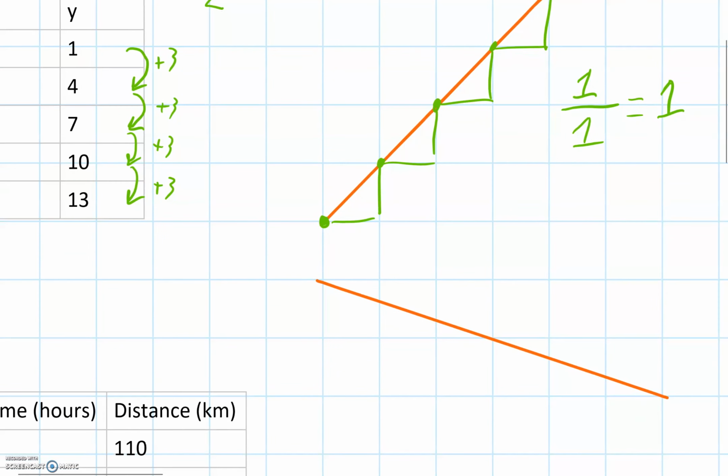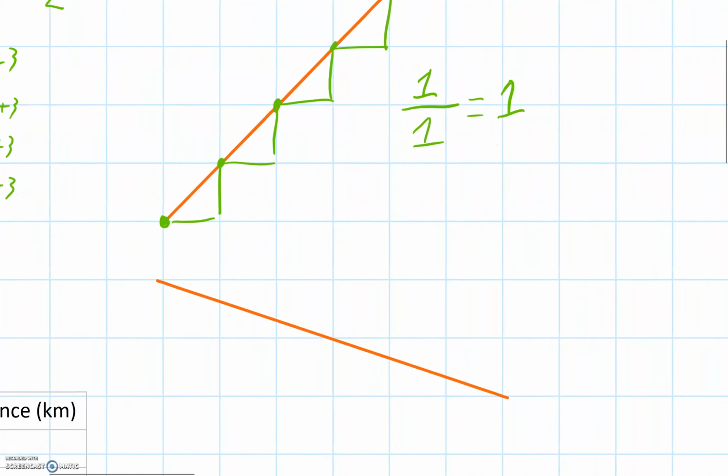Let's take a look at a slightly more challenging one right here, where this is an intersection, this is an intersection, and this is also an intersection. Well, what is the change in y for any given set? Well, it's still 1. But what is the change in x? It is 3.